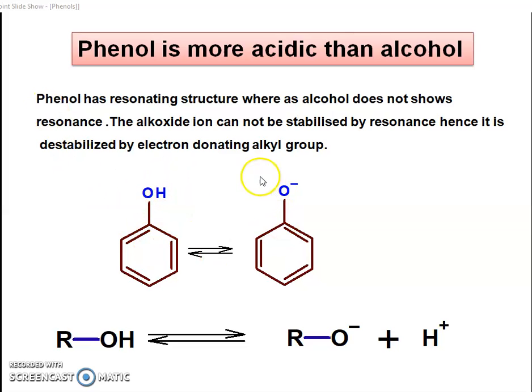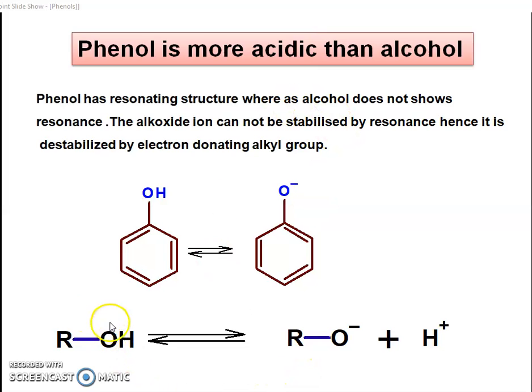Phenols show resonance, the resonance plus R effect, after removing the proton to get the phenoxide ion, and the phenoxide ion is stabilized by the resonance effect.